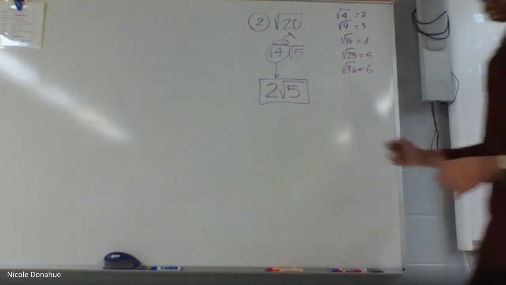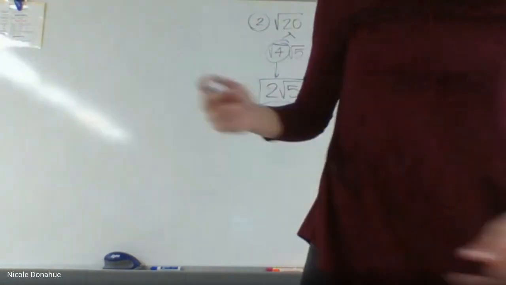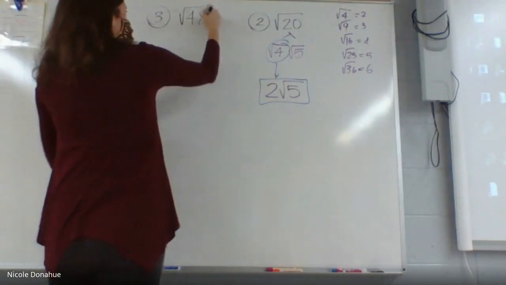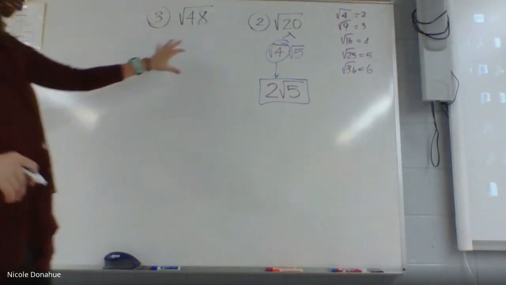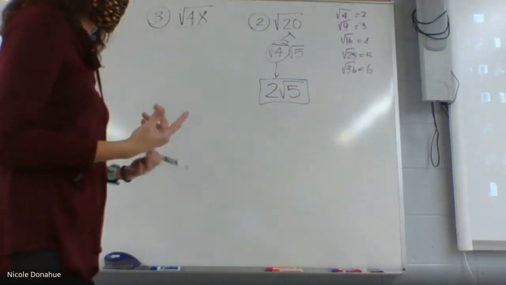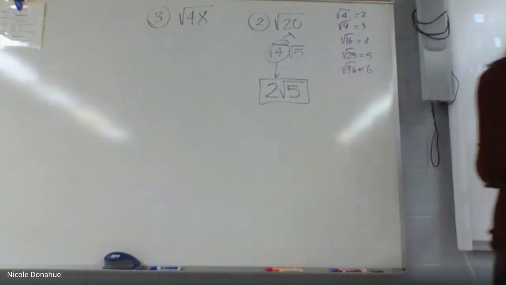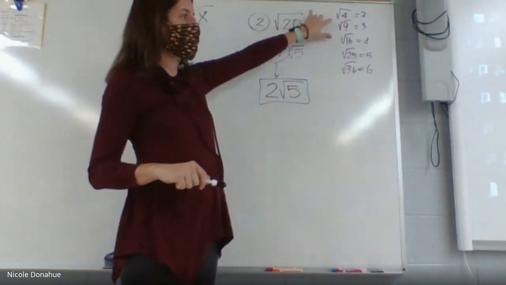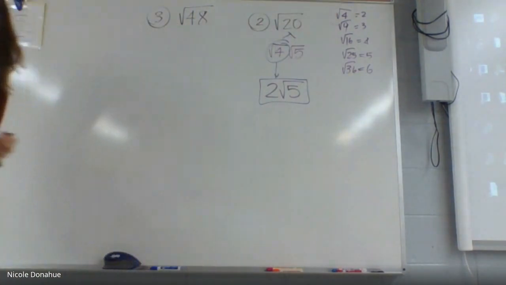All right, the next one is the square root of 48. Now, again, if you don't have one of these fancy calculators, we have to figure out the number that goes into 48 nicely, that allows us to simplify the square root. Now, one of the things you might notice is 4 goes into 48.